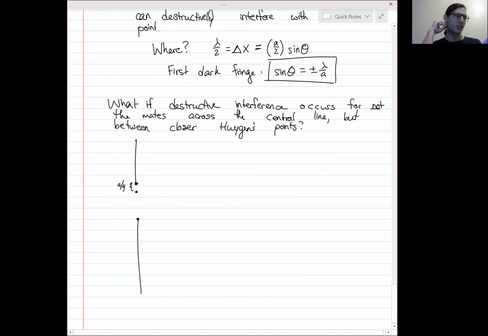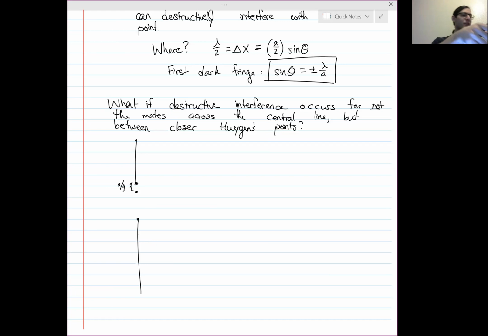By the way, you might be able to justify why A over 3 might not work. Sorry, it's just my notes got cut off at the bottom. See?